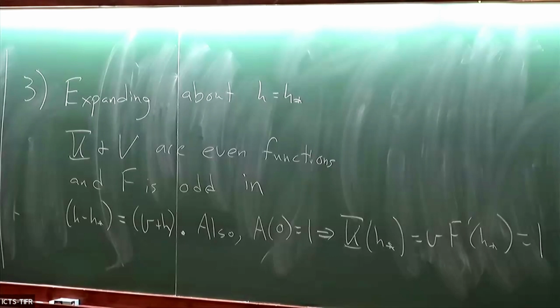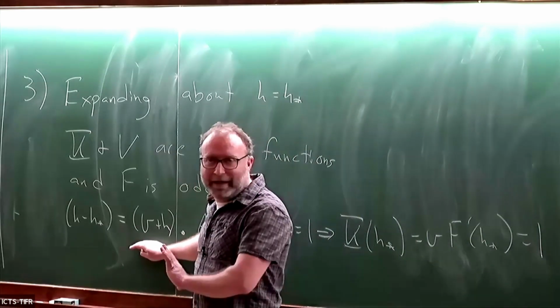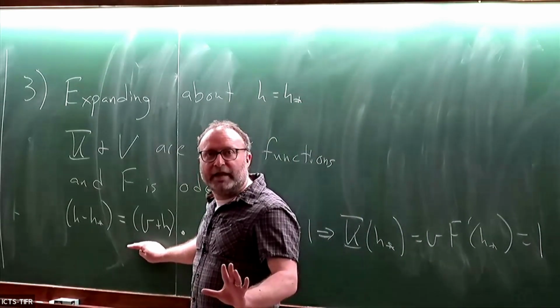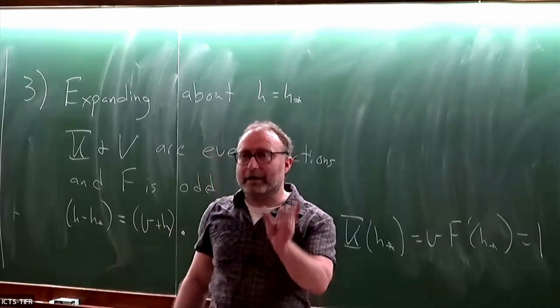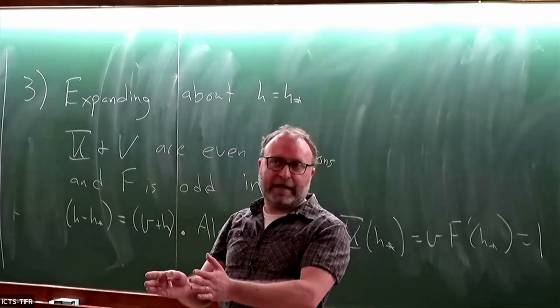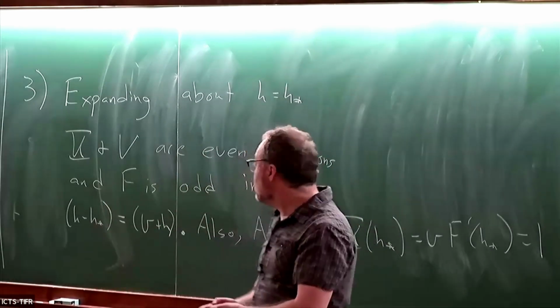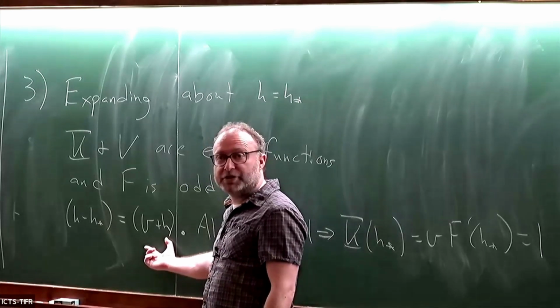So that's all I'm saying here, okay, is that when I say v is an even function in little v plus h, I'm just saying that if I have SMEFT, then I'm only writing magnitude of capital H squared, right? Magnitude of capital H to the fourth and so on. And that translates directly into just an even function of v plus h.